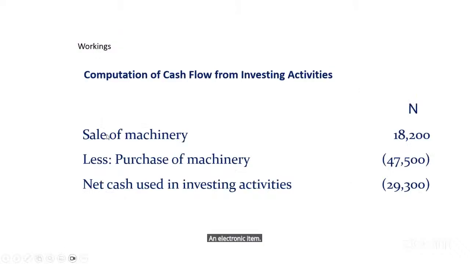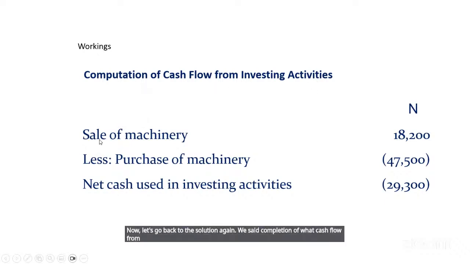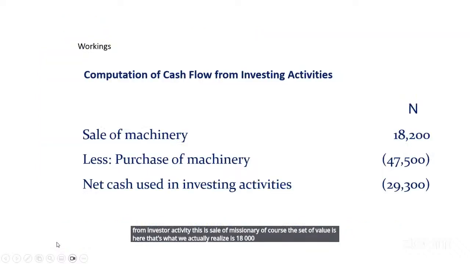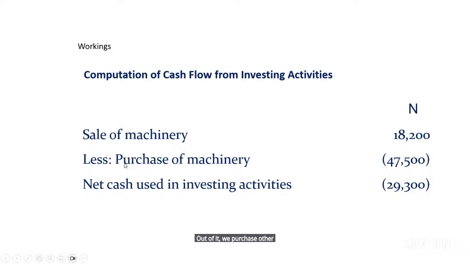Now, let's go back to the solution again. We said computation of cash flow from investment activity. This is sale of machinery. Of course, the selling value is here. That is what we actually realize, 18,200. And then out of it, we purchase other machinery.